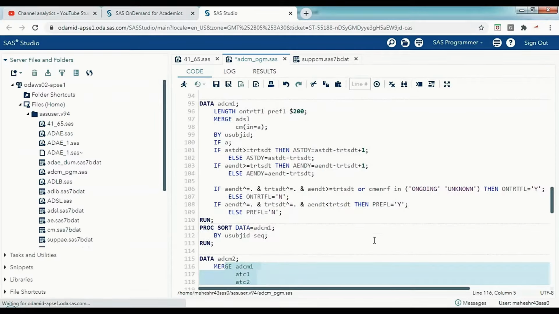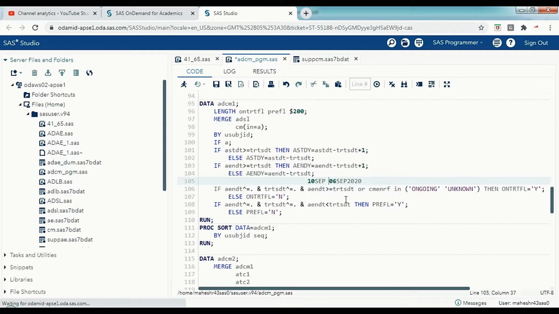So how to derive this one? It's simple. For example, the AENDTC is 10th September 2020, and the treatment start date is, for example, 6th September. So this AENDT, meaning the concomitant medication end date, was 10th September.